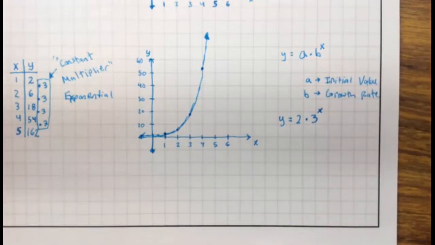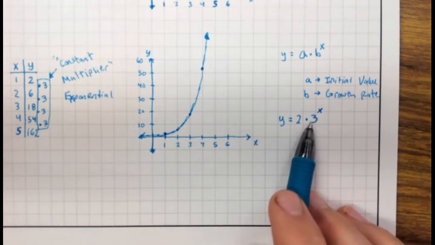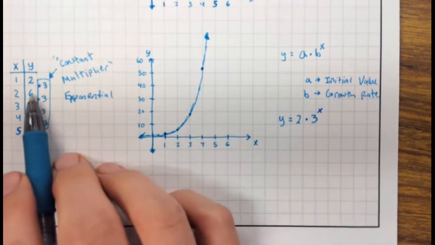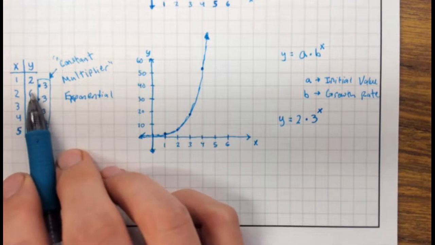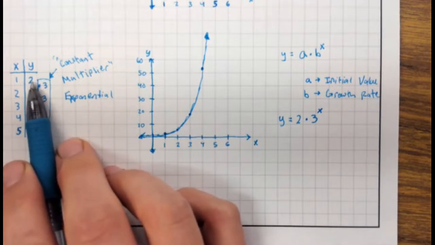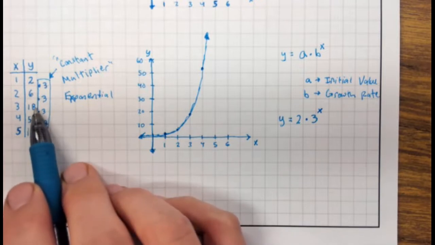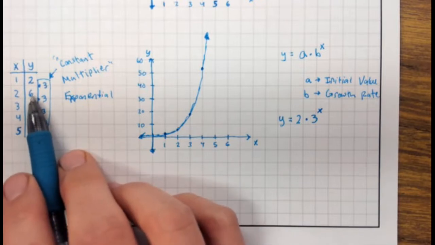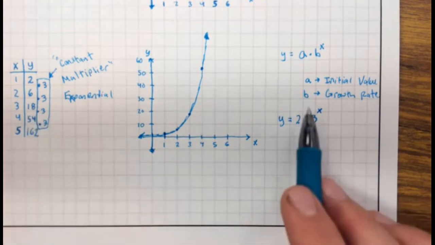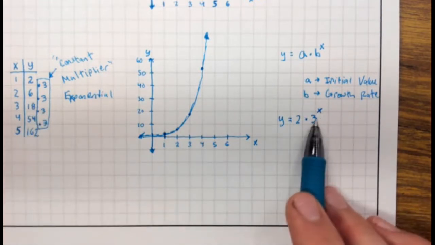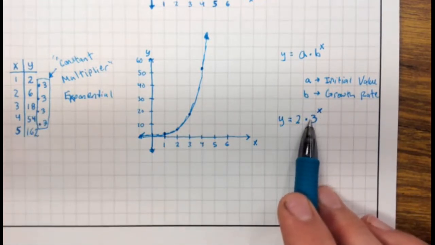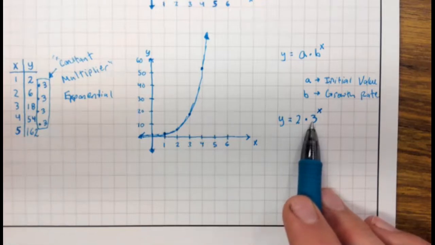Now this is almost correct, but we have to think about what we're multiplying by 3. So at 6, we multiplied the previous term by 3. We multiplied 2 by 3 to get to this value. To get 18, we multiplied the previous value, 6. 6 times 3 is 18. So how you'll write that out algebraically, we're multiplying by 3 times the previous term.